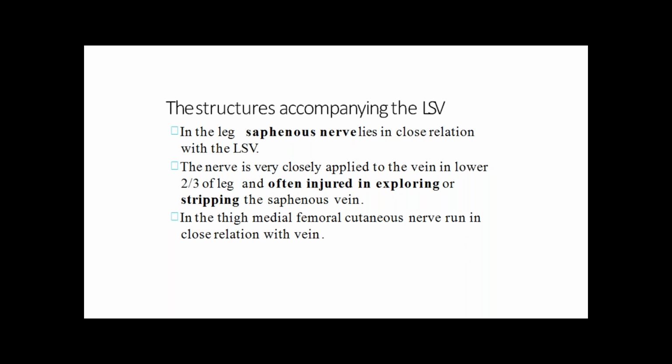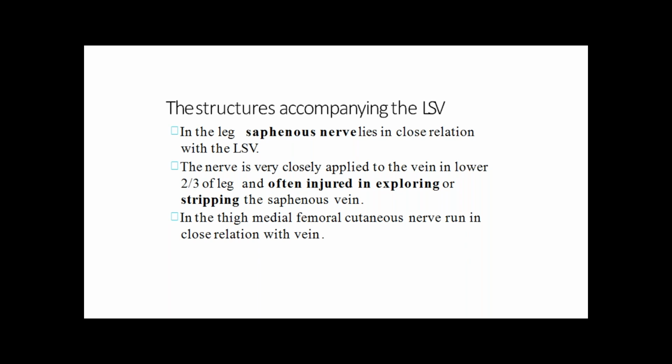In the leg, the saphenous nerve lies in close relation with the long saphenous vein. In previous days, they used to do Trendelenburg's operation along with stripping of the whole length of the long saphenous vein, from the saphenofemoral junction to the ankle.